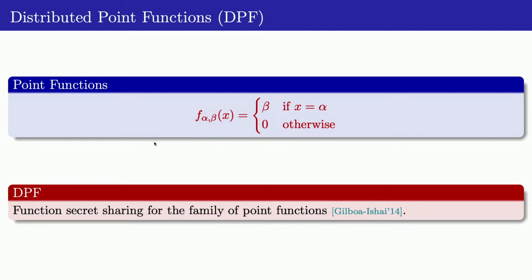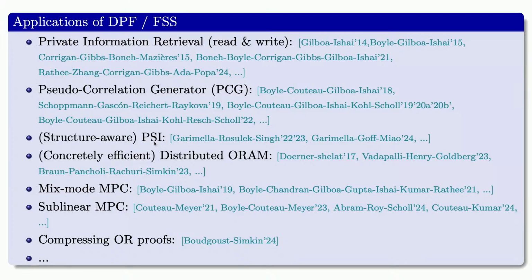Okay, so this point function seems like a very small family of functions. Why do we care about function secret sharing for such a family? It turns out that the distributed point function is a very useful primitive that is used in numerous applications. For example, in Peter's talk yesterday, I don't think Peter mentioned the word distributed point function, but for all those computationally private information retrieval schemes, the distributed point function is the underpinning primitive.